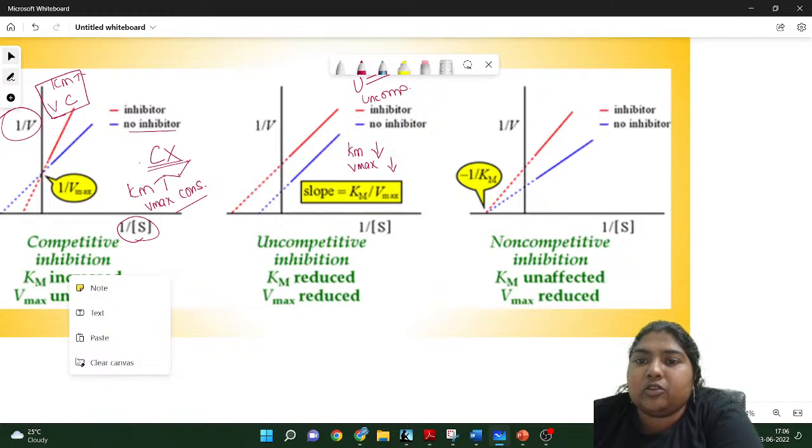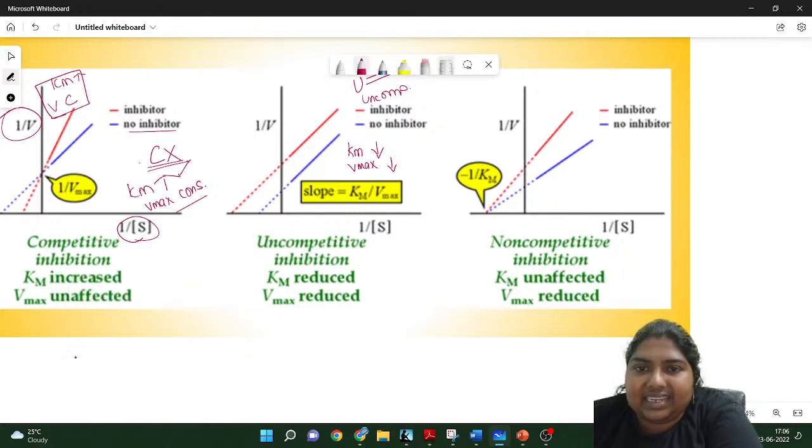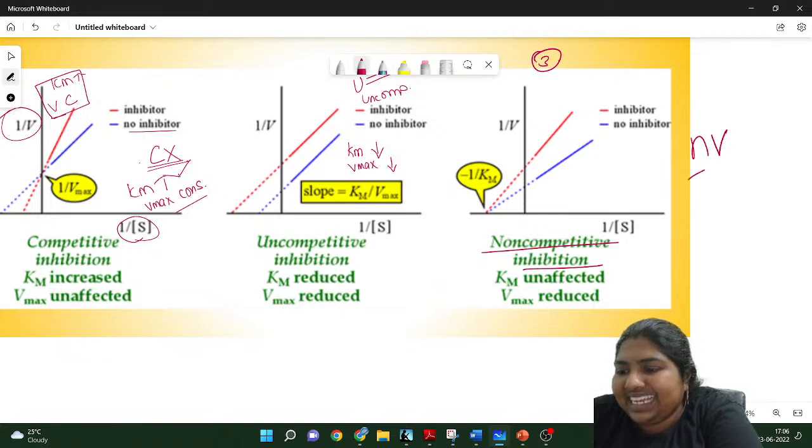Very good. So now the third one that we are studying is called non-competitive inhibition. So in non-competitive inhibition, what will happen? In non-competitive inhibition, it is forming the shape of V. So I used to say it is the NV.